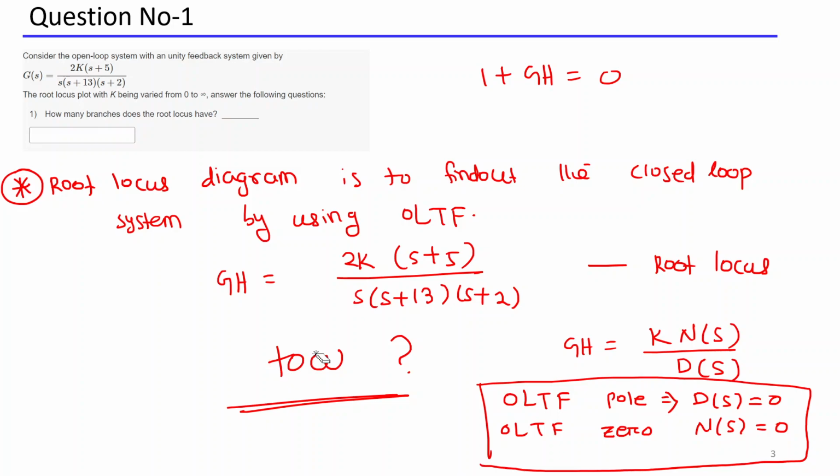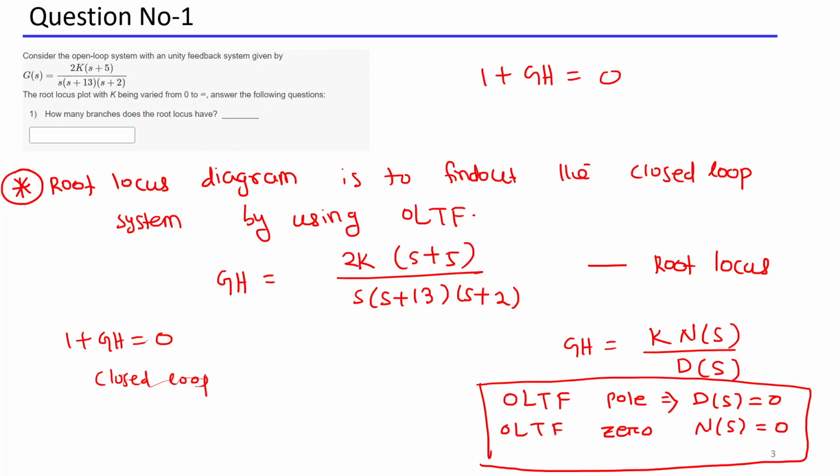But what are the closed loop transfer function poles then? If you use this G(s)H(s), to find the closed loop transfer function, 1 plus G(s)H(s) equal to 0. So you will get the closed loop poles from D(s) plus K times N(s) equal to 0. These are my closed loop poles, okay?